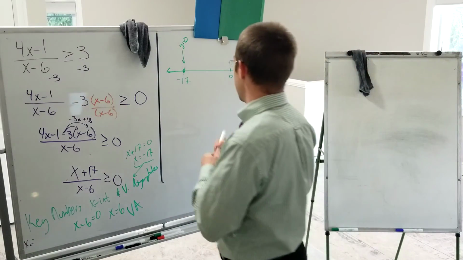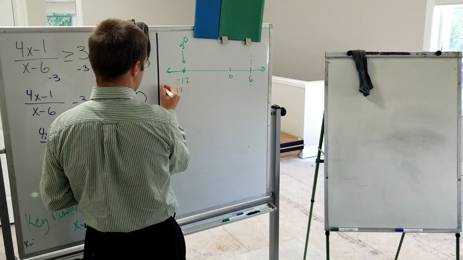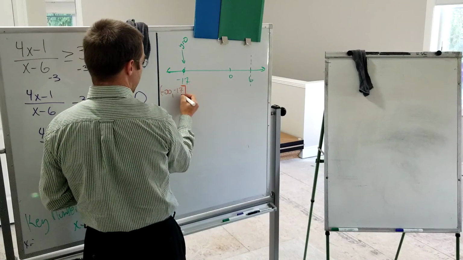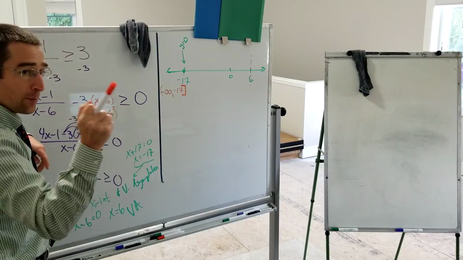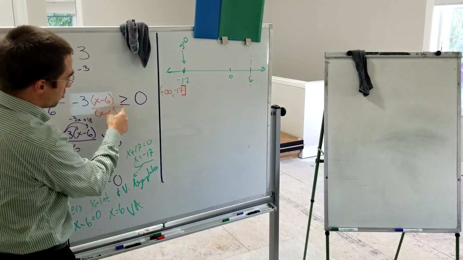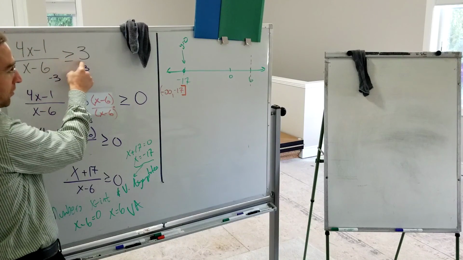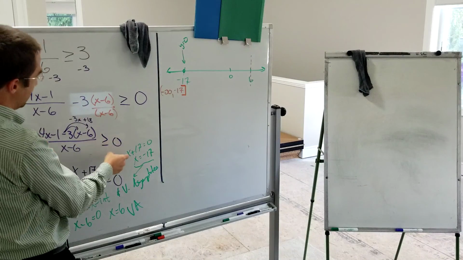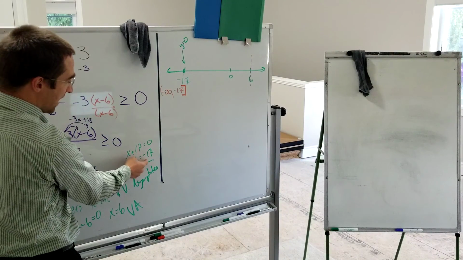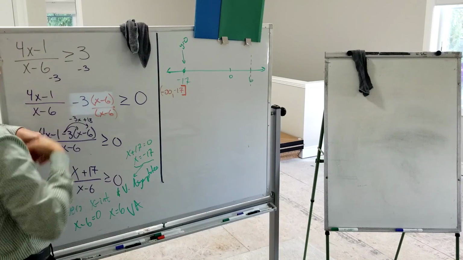So we've broken it up into negative infinity to negative 17. I'm going to put a bracket on the negative 17 though. The reason I'm putting a bracket is because I have greater than or equal to 0 that I'm trying to find. The bracket means equal to. When x is negative 17, this equals 0.